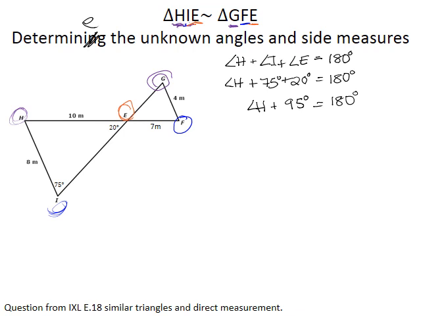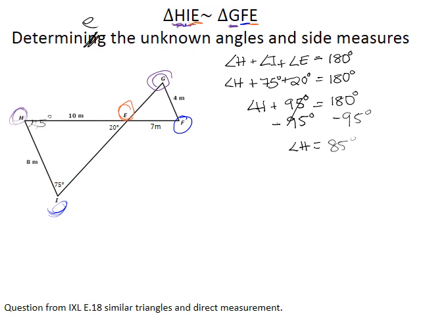Now I solve this side of my equation by subtracting 95 degrees from both sides, and I get that angle H is equal to 85 degrees. So that means that this angle right here is 85 degrees.